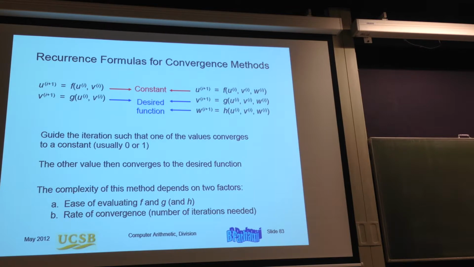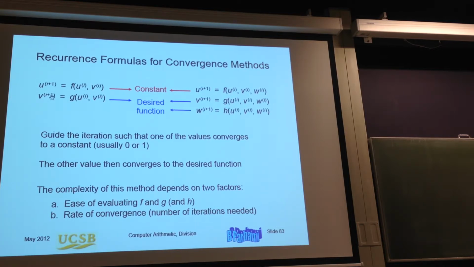Now, this is a more general approach of solving things by convergence. Then I have a couple of functions, and those functions, I compute them in an iterative way. Let's say I have the first function, which is u, which I will do some kind of calculations, then each and every iteration I'm computing the new value based on the current value of it and of the other one, and I will make this converge to a constant.